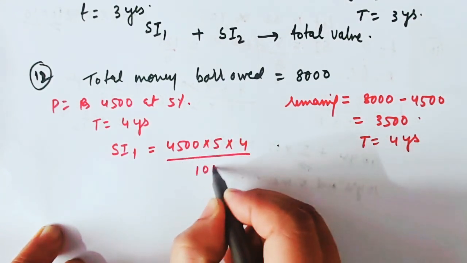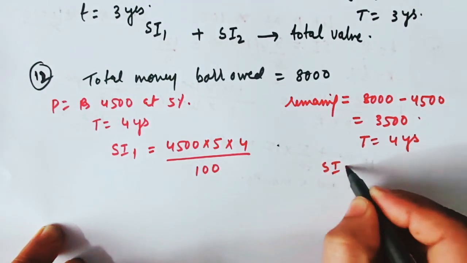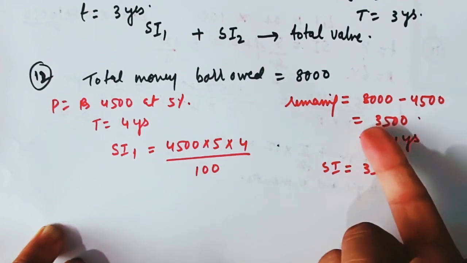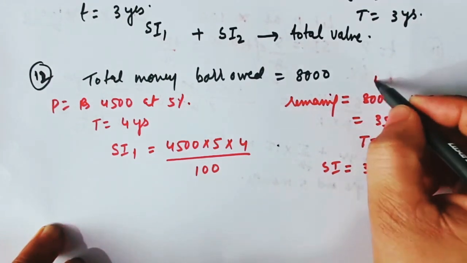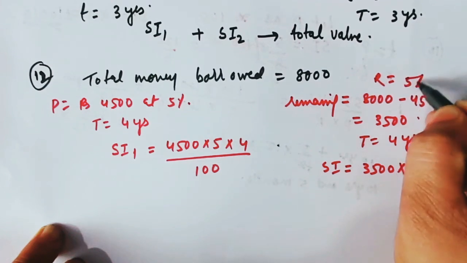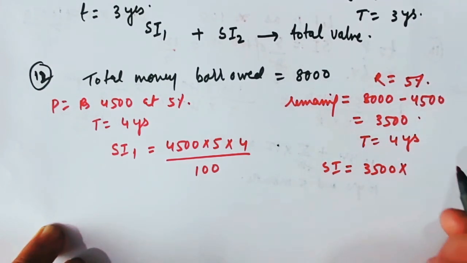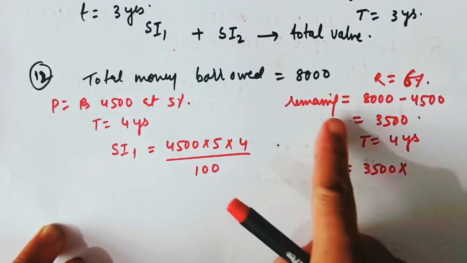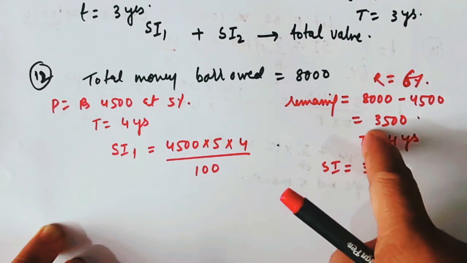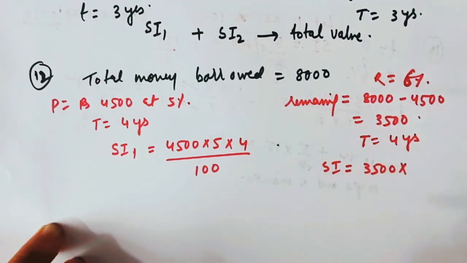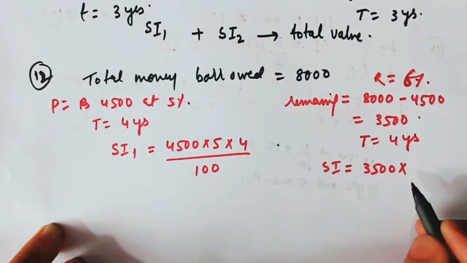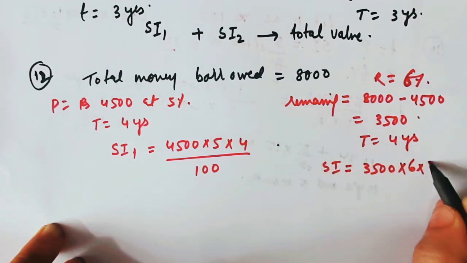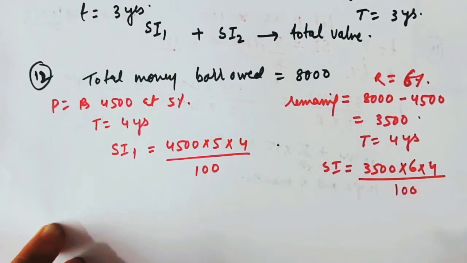PRT by 100. Here the simple interest will be on the principal 3500. The rate here is the same. Remember, the rate here is also the same, that is 5%. Sorry, the rate here is 6%, my dear. This amount, that is 3500, he had taken at 6%. So SI equal to P into R into T, that is 4, by 100.